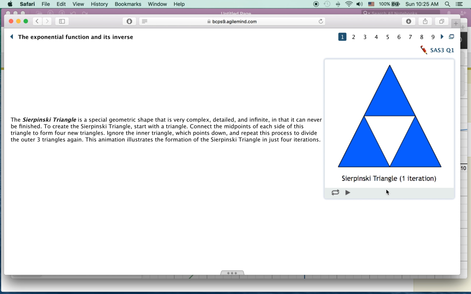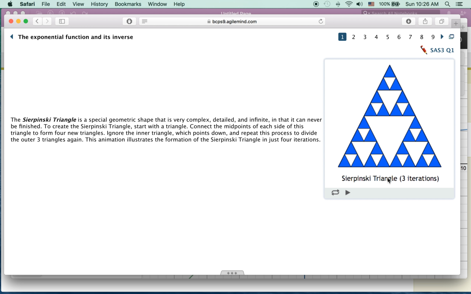So if we multiply that by 3, we will get 1, 2, 3, 4, 5, 6, 7, 8, 9. So after 3 iterations, how many blue triangles will there be? 1, 2, 3, 4, 5, 6, 7, 8, 9. 9 times 3, well, 27.